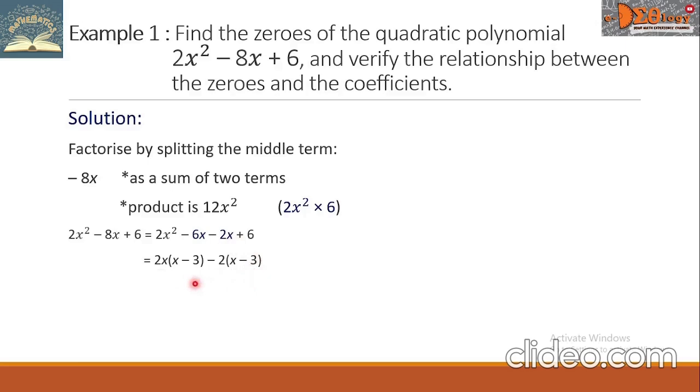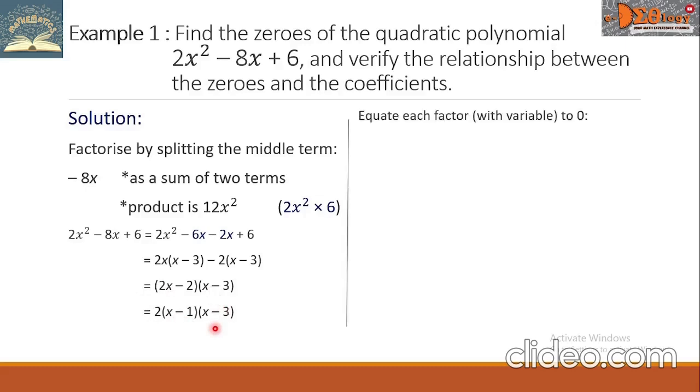In these groups, there is a common binomial, and that is x minus 3. We can factor it out. So we have 2x minus 2 times x minus 3. In our first factor here, the number 2 is common again. We can factor it out into 2 times x minus 1. Then we copy this x minus 3.